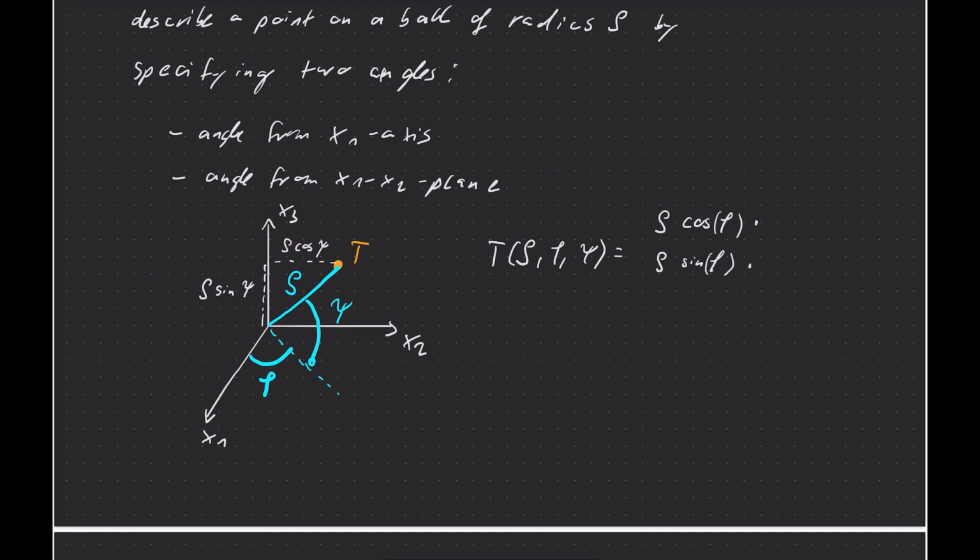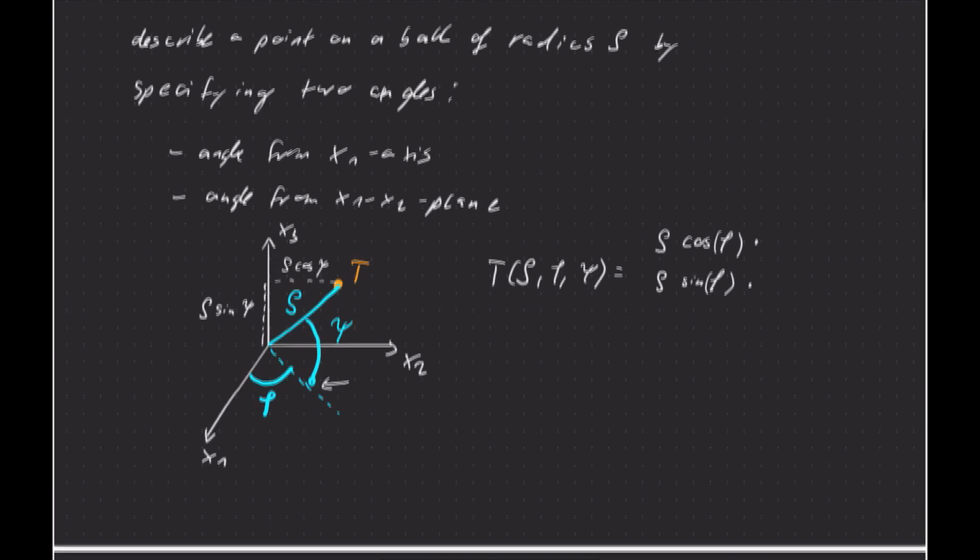And this rho cosine of psi is a scaling factor for this point here. So what happens is you first determine this point, same thing with the polar coordinates in the plane, and then the elevation is scaled by a factor of cosine psi. The rho is already in there, we don't need that anymore.